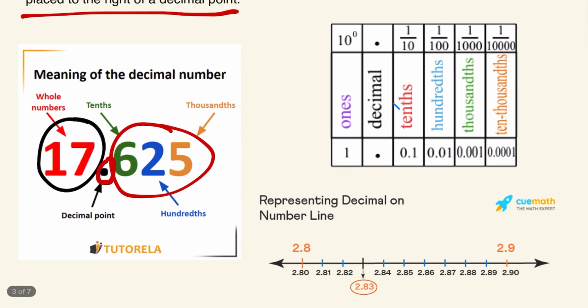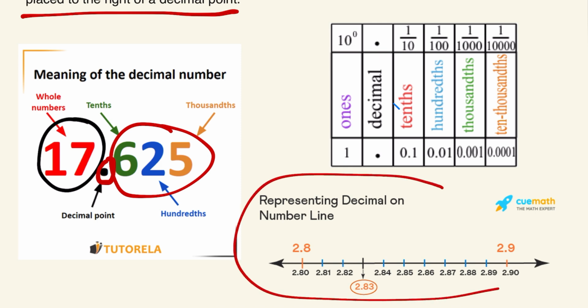I have two images here to represent that. Firstly, I'm going to be talking about this one. It is a number line that's representing decimals. As you can see, decimals are definitely used, whether you're using them right now in this grade or whatever grade you are in, or in the future in upper level grades, decimals are always going to be there.